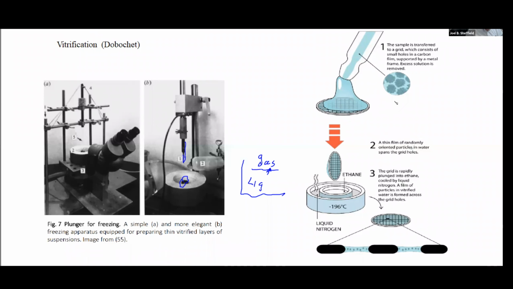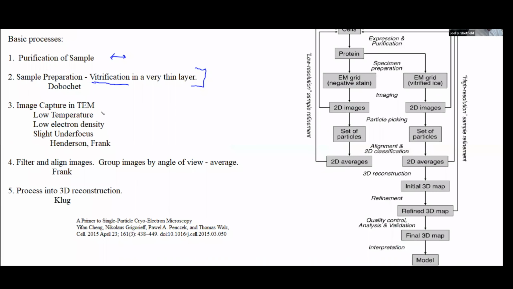And then you remove that drop, leaving just a thin film of water, and you plunge that into the ethane, and you end up with these little patches like this of frozen material. And that's what you end up looking at with the electron microscope. So that's part one.